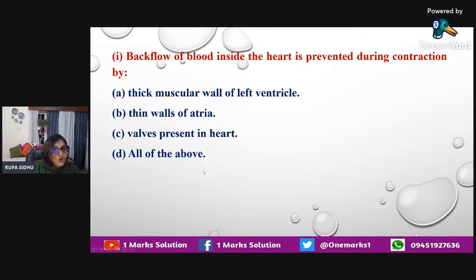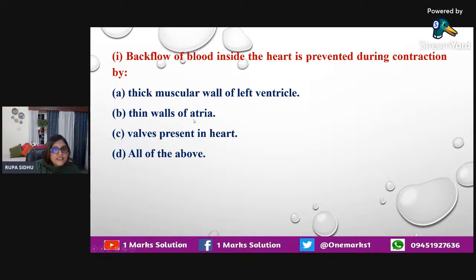Now, the backflow of blood basically is prevented by walls present in the heart. The thick muscular wall of left ventricle, the wall is very thick because the ventricle has to pump out with a lot of pressure. That is why the wall is very thick.